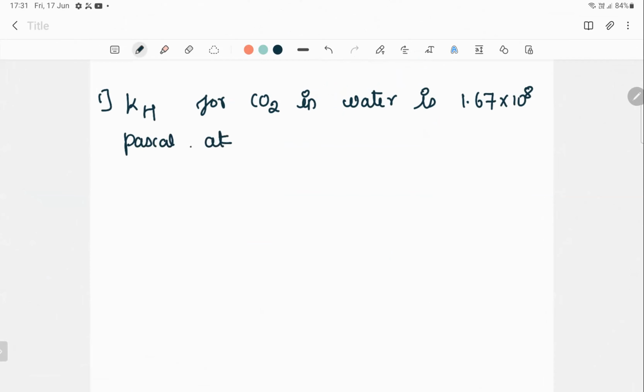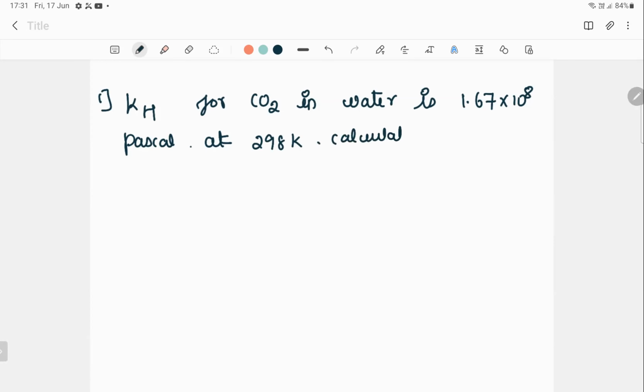KH for carbon dioxide in water is 1.67 into 10 to the power 8 Pascal at 298 Kelvin.